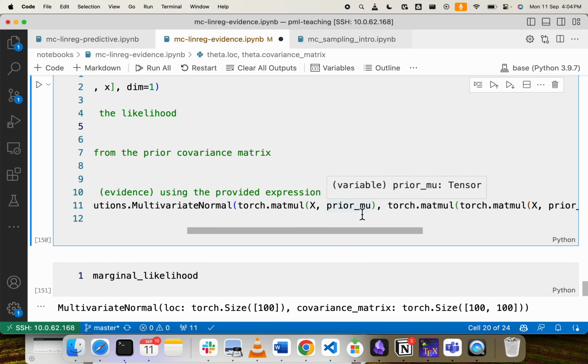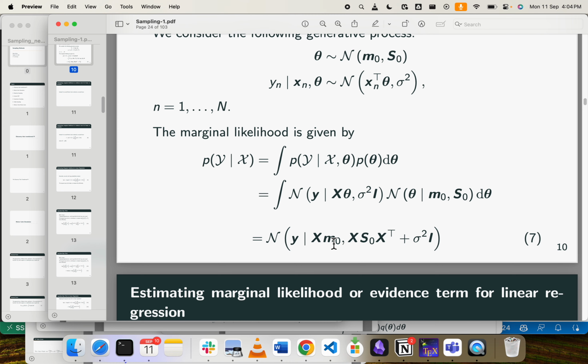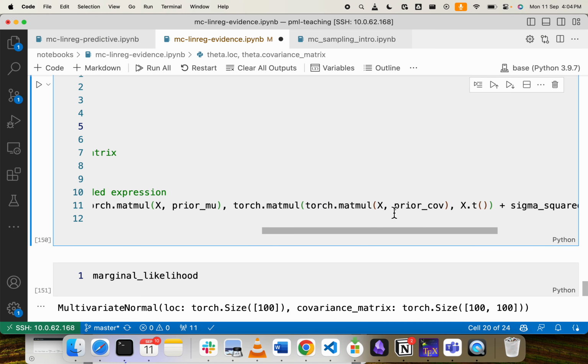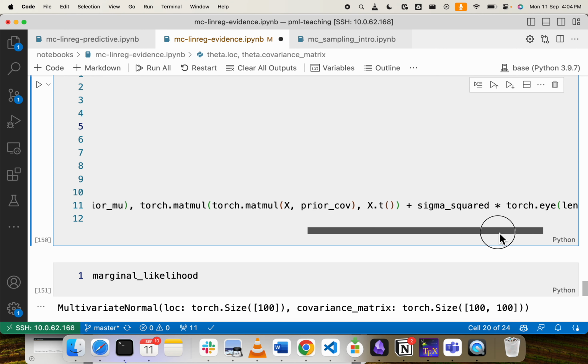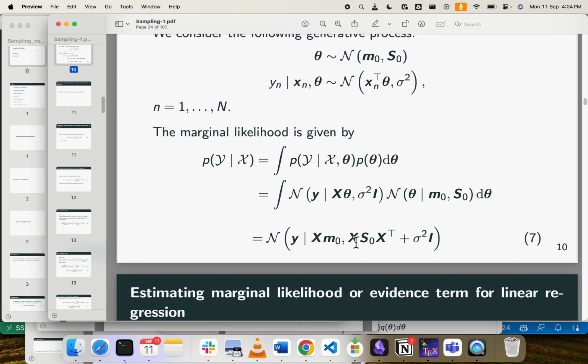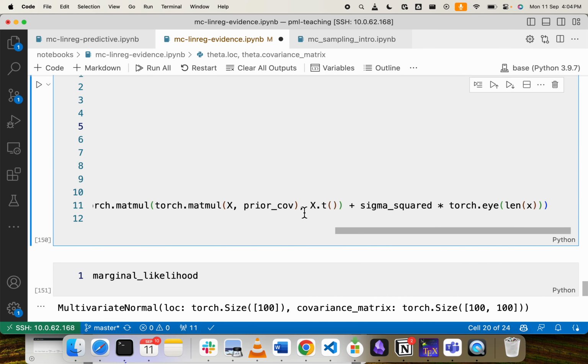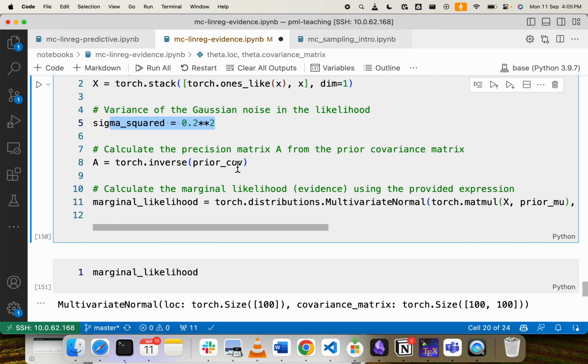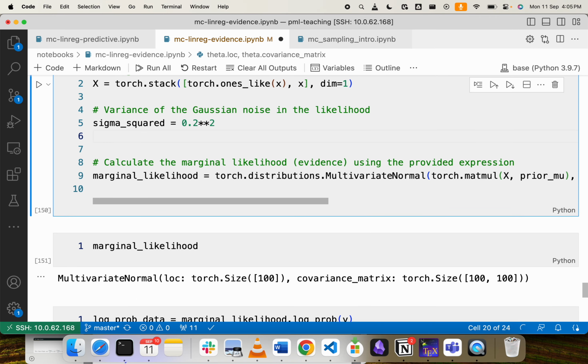So x into m_0, plus we write x times the prior covariance times x transpose plus sigma squared times I. So x into s_0 into x transpose. We don't need this term.